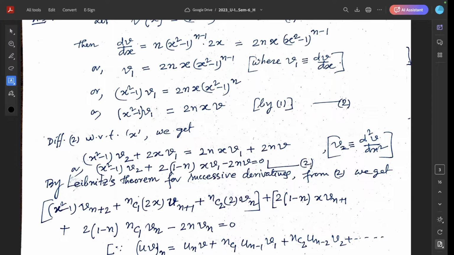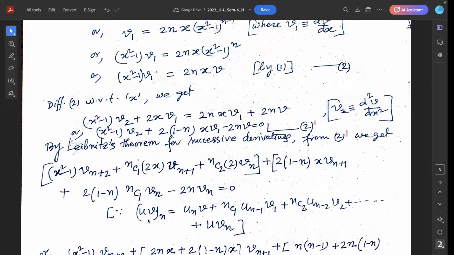This expression is actually 2 dash. By Leibniz theorem, for successive derivatives from 2 dash, we write this. Actually, Leibniz theorem is this: the nth derivative of uv is u_n v plus nC1 u_(n minus 1) v1, and so on.